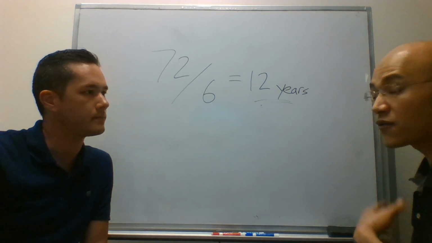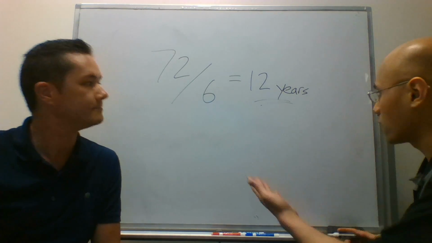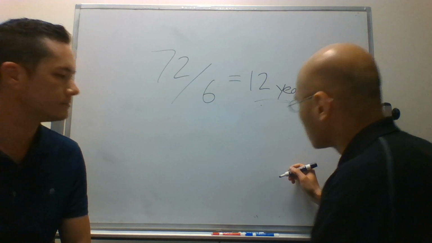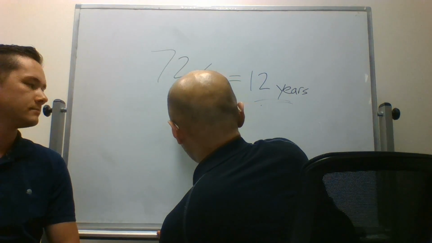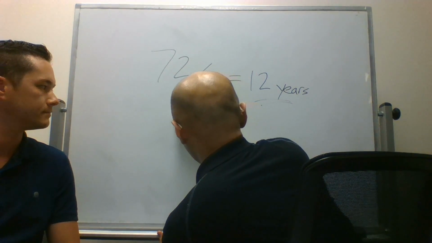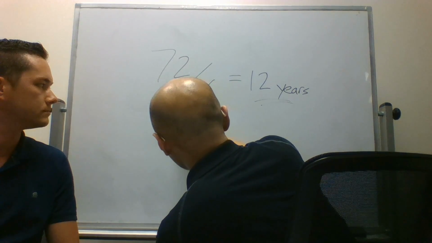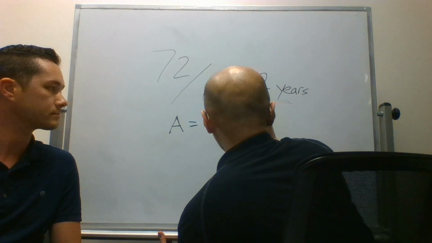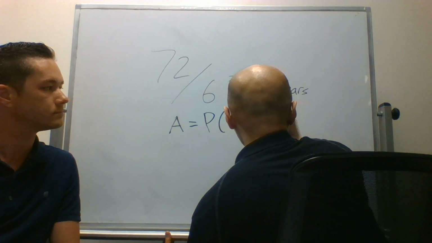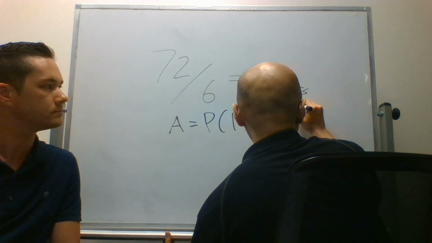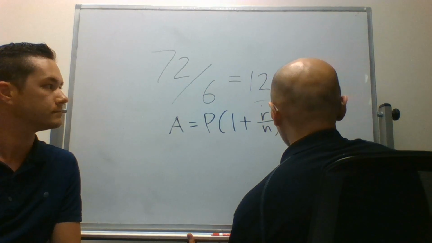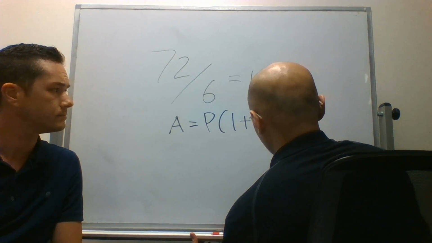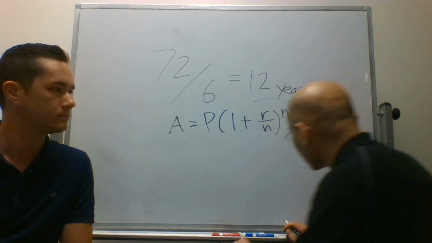So if anybody is interested in figuring out where this rule comes from, just think about the formula for compound interest again. It's A is equal to P times (1 plus r/n) to the power of nt. Now, we're just going to assume that it's compounding once per year.